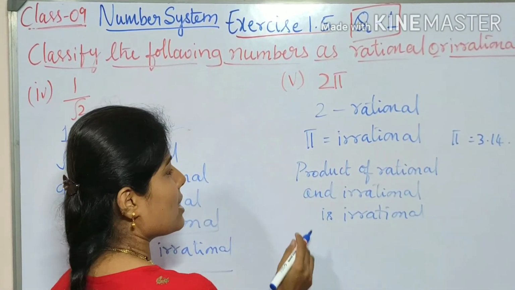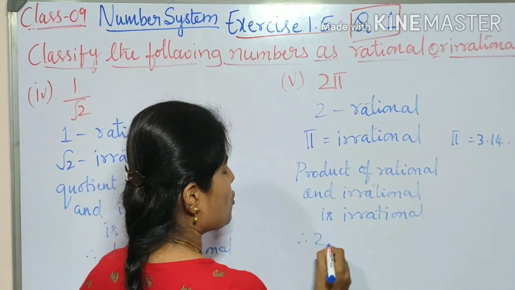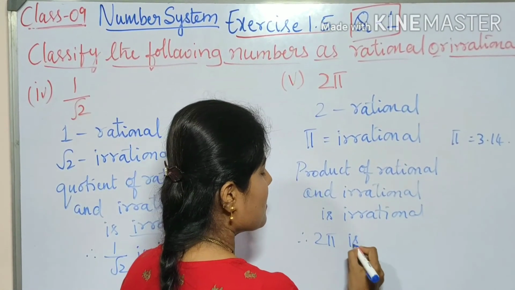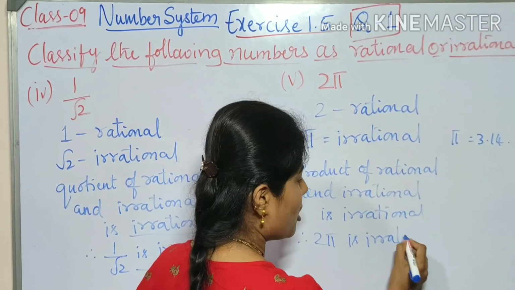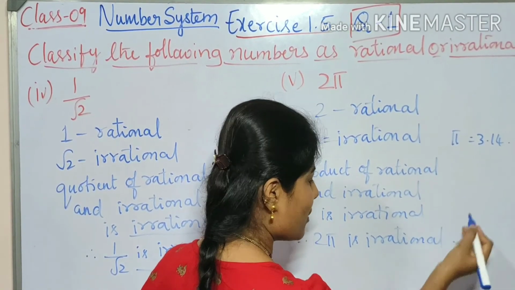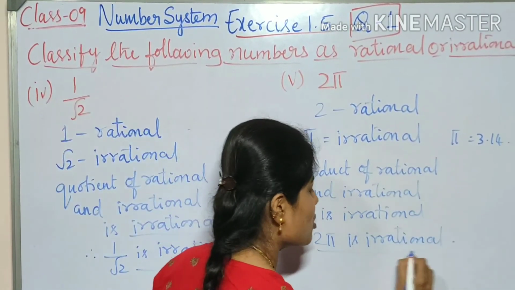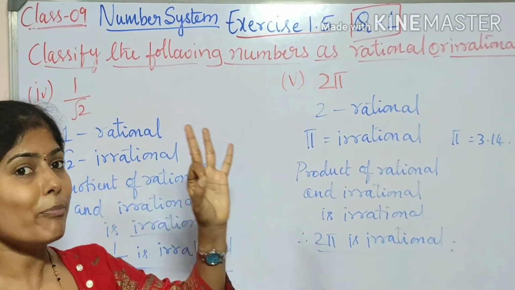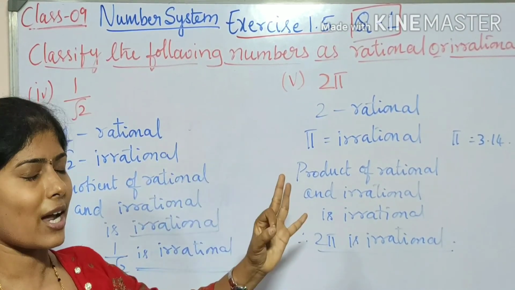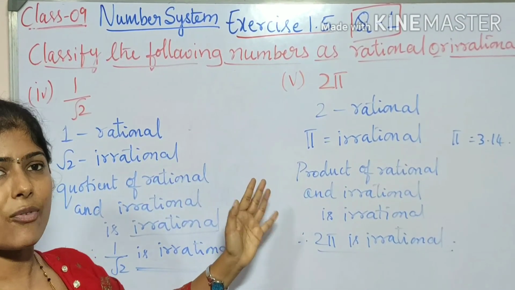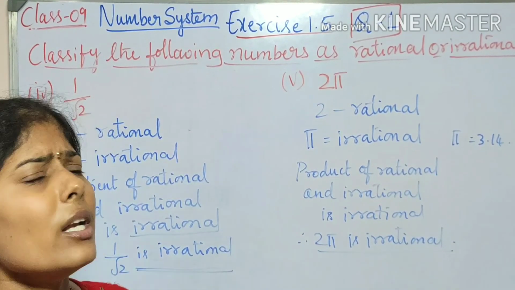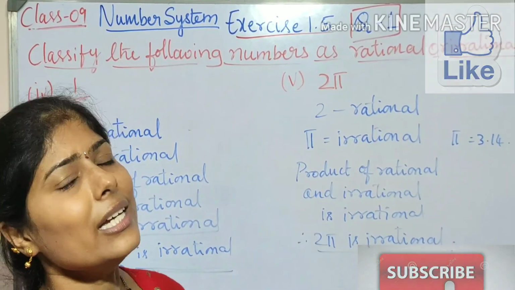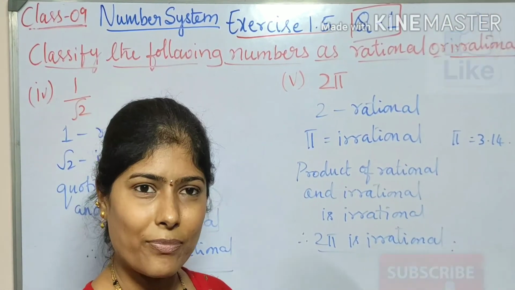Therefore 2 pi is irrational. You have to remember this in all the cases. By using the 3 important points related to rational and irrational, we are classifying the given real numbers into rational and irrational numbers. Clear? Thank you.